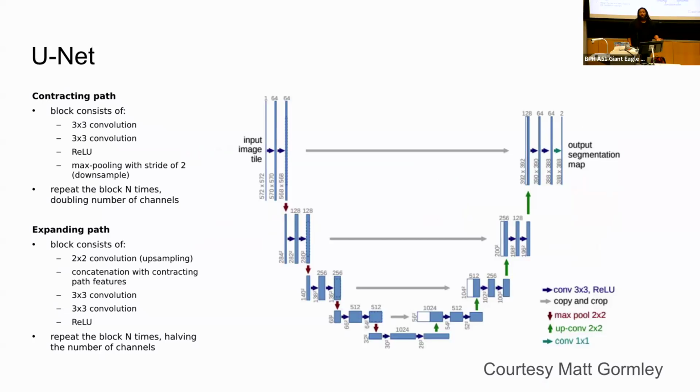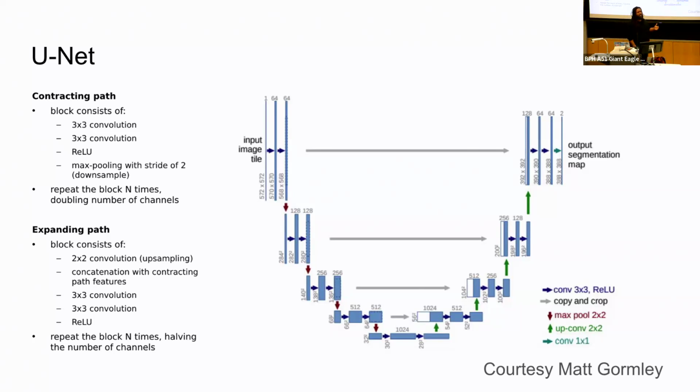For those of you who don't know what semantic segmentation is, basically you take a picture and you try to outline all the important features in it. So let's say you have a man and a motorcycle, and you wanted to separate the two. Then you can use a UNet, and you can figure out which pixels refer to the man, which pixels refer to the motorcycle, and which pixels refer to the background.